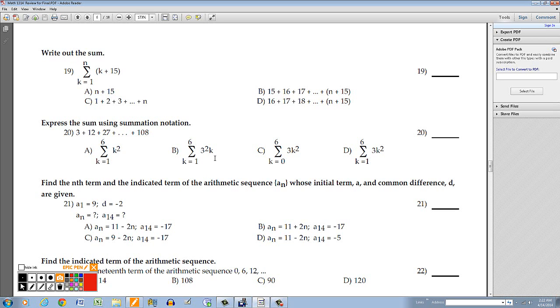If you plug in 1 there, you get 1 times 9 is 9. So you know B is not correct. Plug in 0, you get 0. You know that's not correct. So just by process of elimination, you know that it has to be D. Okay, and you can test it out if you want to, but obviously the first 3 are not correct. It has to be D.